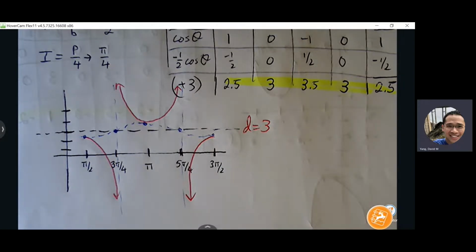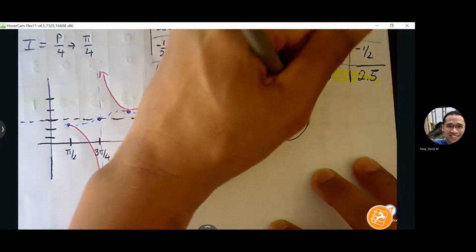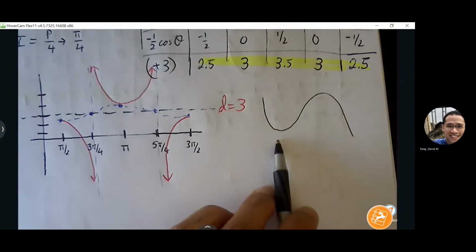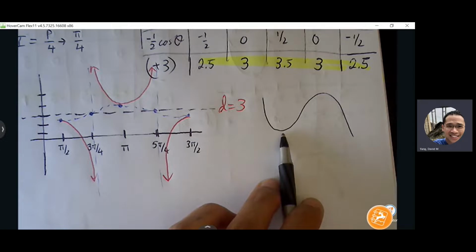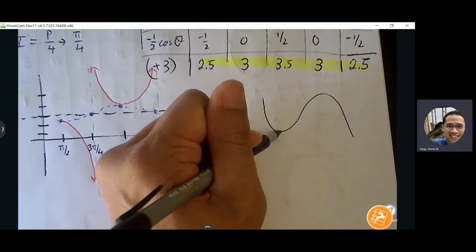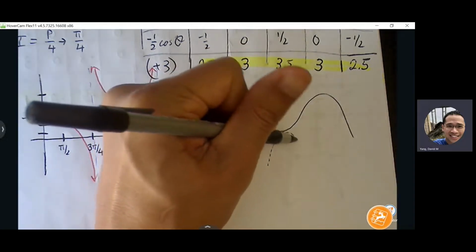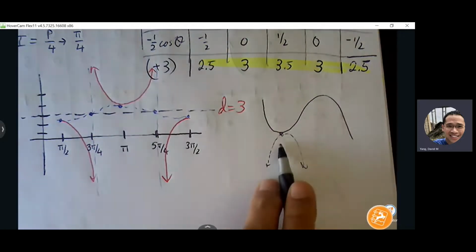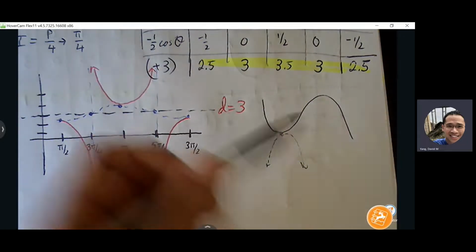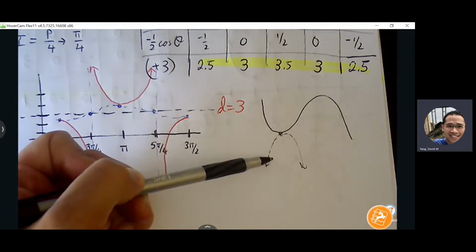How do you know when to put the full parabola up or down? Good question. The way you know is however the graph looks, think of it as reflecting off of the peak and the valley. If the cosine graph has a valley, then you're going to create a parabola that bounces off of that point. So basically, you're just creating a reflection version of what you see.